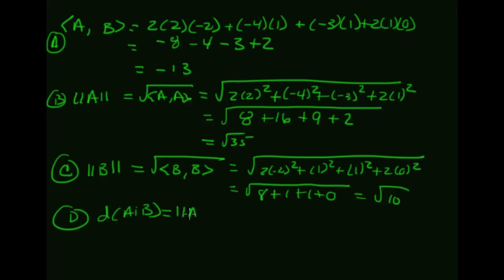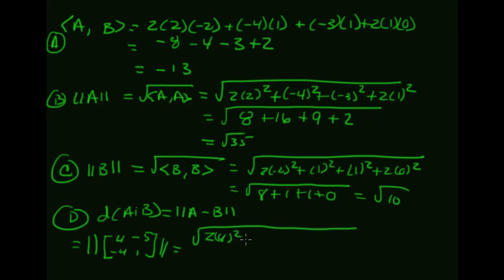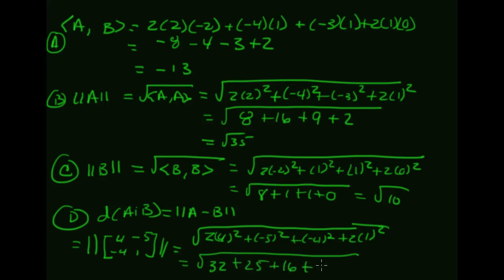So that's the norm of A minus B, which is going to be the norm of the matrix 4, negative 5, negative 4, 1, which is square root of 2 times 4 squared, plus negative 5 squared, plus negative 4 squared, plus 2 times 1 squared, becomes, let's see, that's 32, plus 25 plus 16 plus 2 is the square root of 75, which is 5 radical 3.